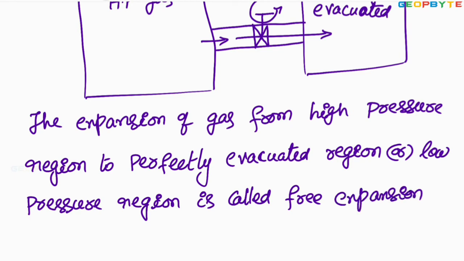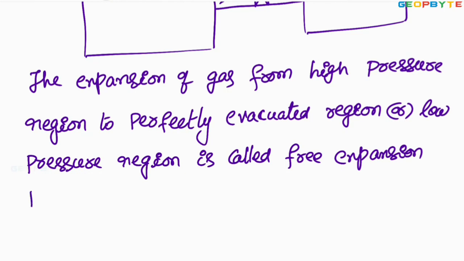For example, if your bike tire is punctured, then high pressure gas is escaping from the tire to atmosphere without any restriction. Such kind of process is called free expansion process.